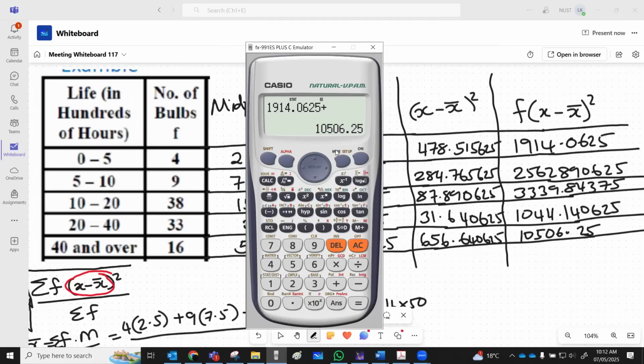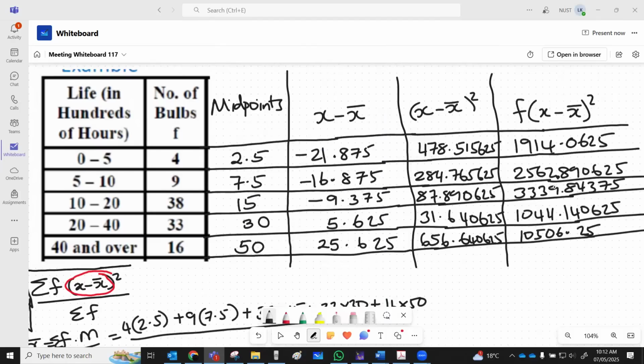Okay, so I have 9 times, so it's this one times that one. So 284.76565. Okay, so the decimal should be here. Okay, and then I have a decimal here. Okay, let's try it again now.